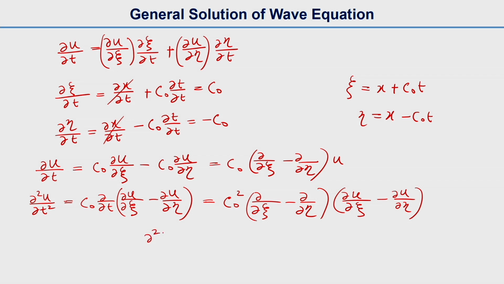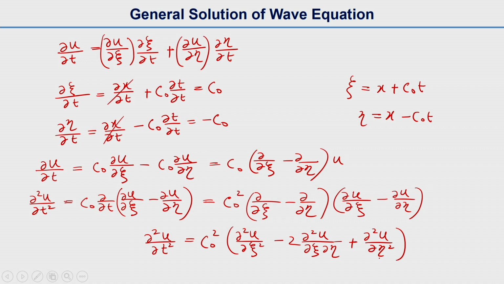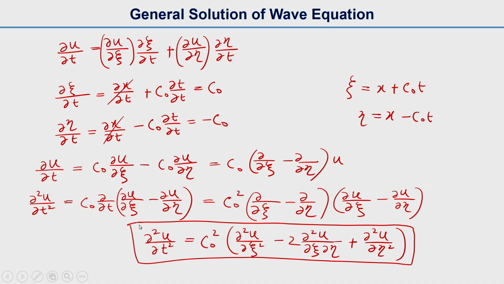This finally gives an expression like c naught square times (second partial of u with respect to the first variable, minus twice the second partial with respect to the first and second variables, plus the second partial of u with respect to the second variable). So this is what we got for the second partial of u with respect to t.